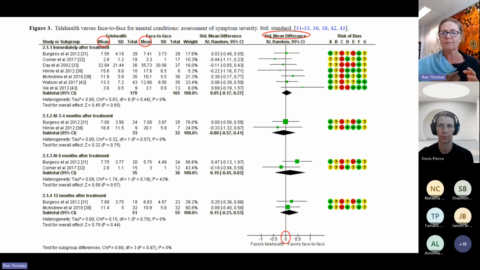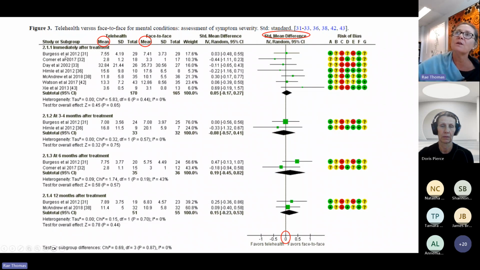Over here, this bit shows you graphically what that looks like. Over here is the standardized mean difference, and that's what it's called when a meta-analysis pools all these results together. As an aside, what you can see over here is the risk of bias that we talked about in our appraisal, right?